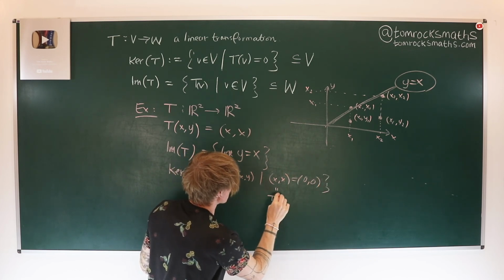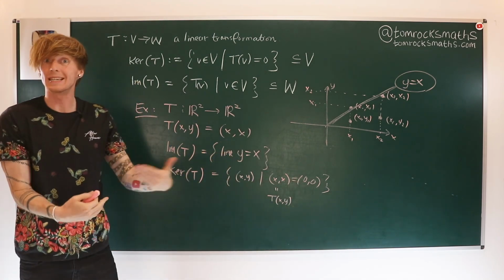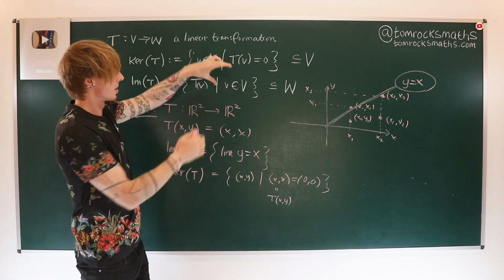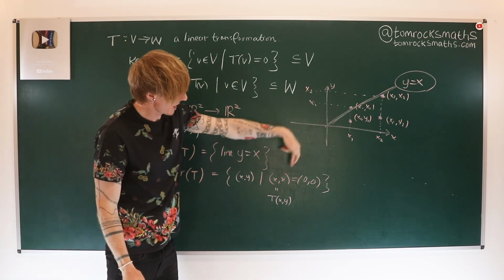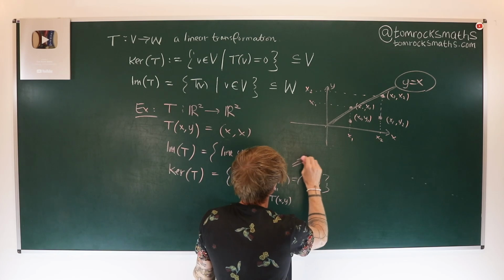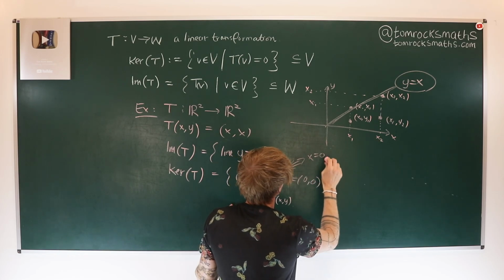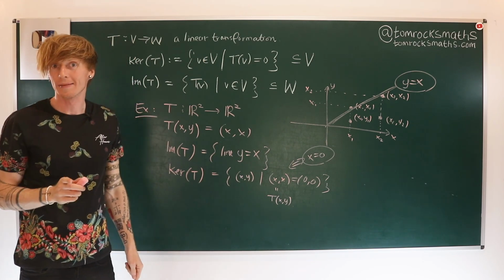Because this is T of (x, y). And (0, 0) is, of course, the zero vector in our output space. So (x, x) equals (0, 0) only if and only if x itself is 0, and we don't actually care about the value of y.